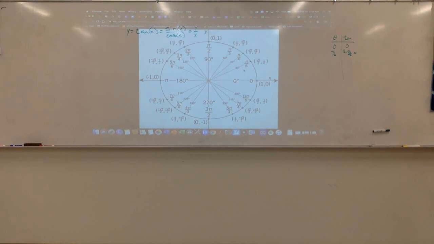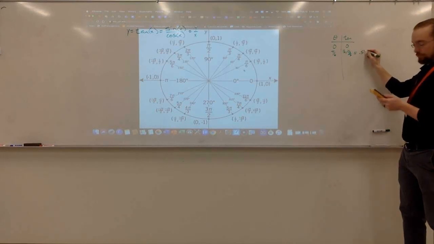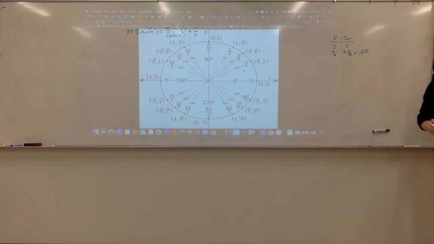Okay, so 1/2 divided by the square root of 3 over 2 is about 0.577.